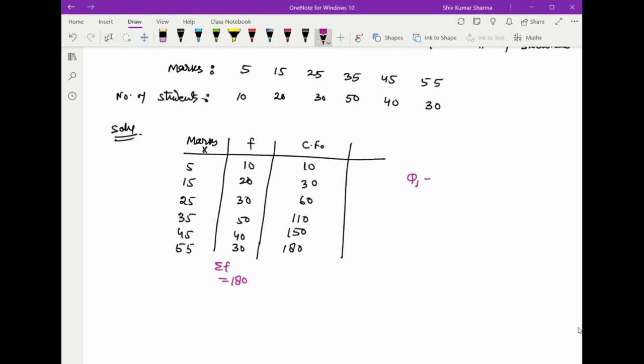We calculate quartile 1. We write the formula, size of (n plus 1) by 4th item, because this is a discrete series, so we use the same formula for discrete and individual.